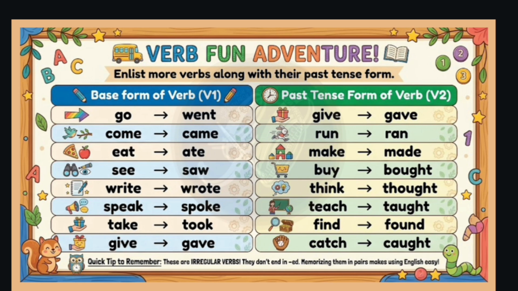For example, go becomes went, come becomes came, eat becomes ate, and so on. So this type of verb we call an irregular verb, when we do not add ed but the entire word becomes different. Again I'll repeat, such verbs we call irregular verbs.